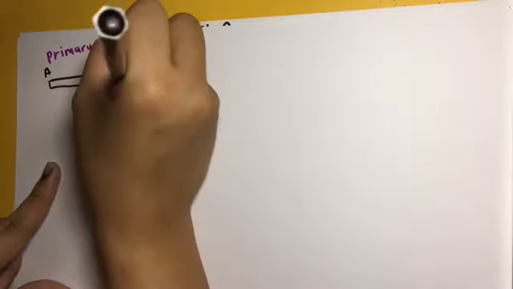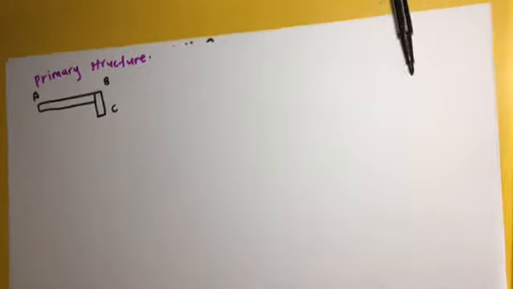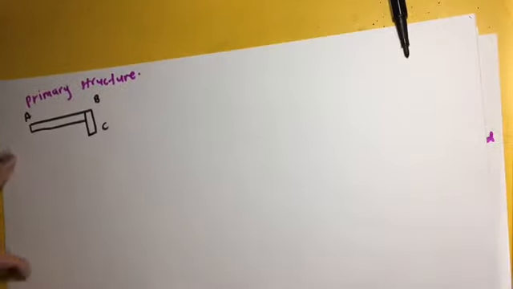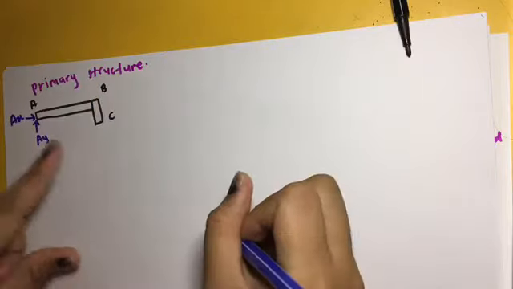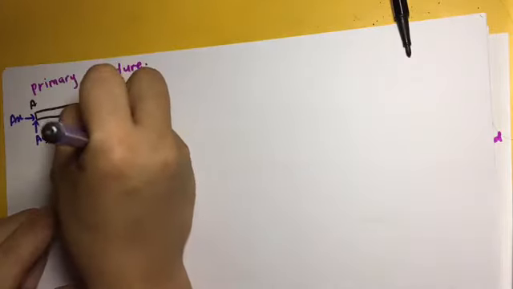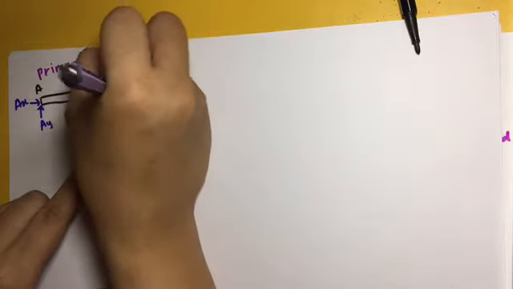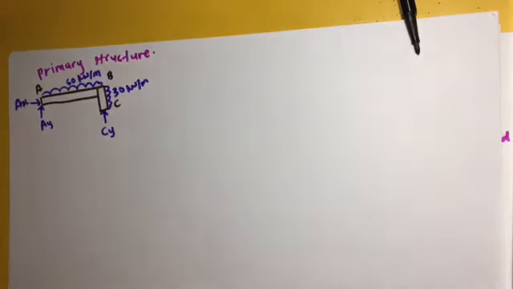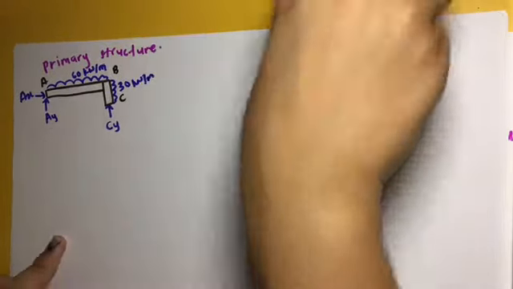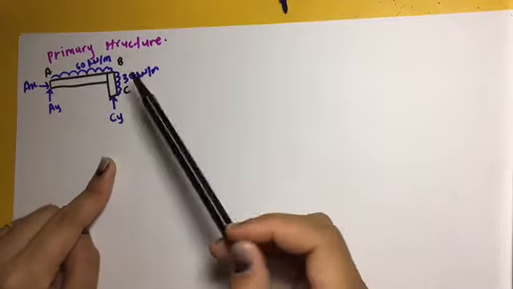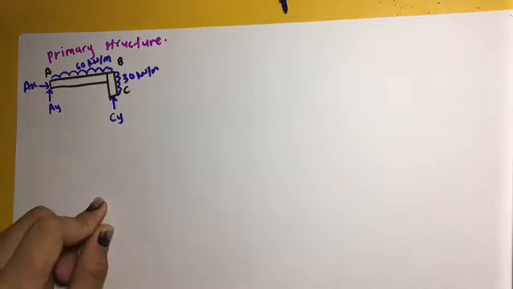A, B, and C. We got AX, we got AY, and this is only CY because we took away the redundant in the primary structure. So we still have the distributed load over here and over here. So first things first, we want to find the value of CY and AY.